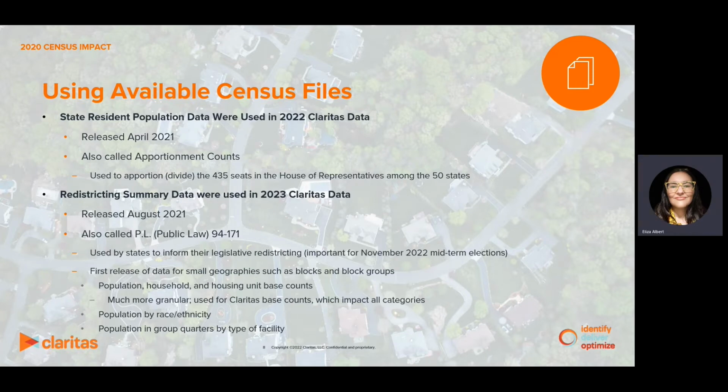But it's also important for Claritas because it's the first release of data for small geographies such as blocks and block groups. It includes population, household, and housing unit-based counts, so this is much more granular than the data we had before. And it's being used for Claritas-based counts, which impact all of our other data categories.